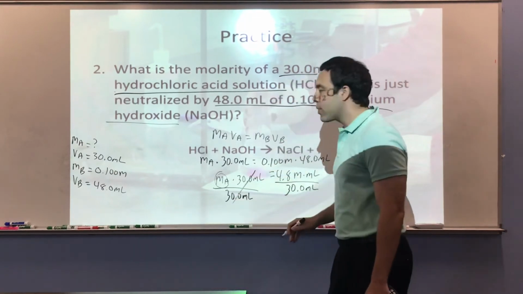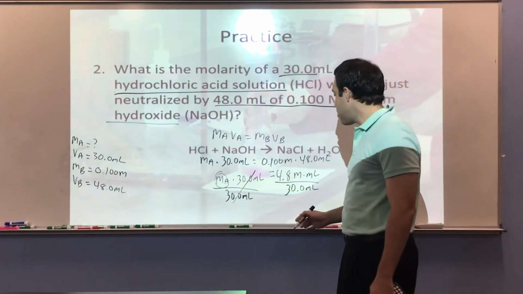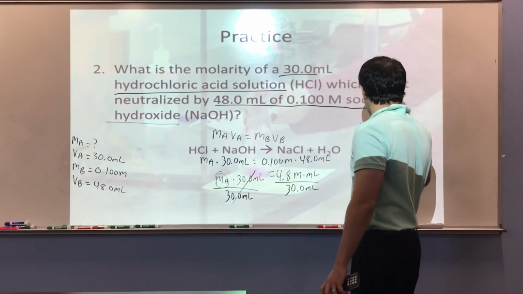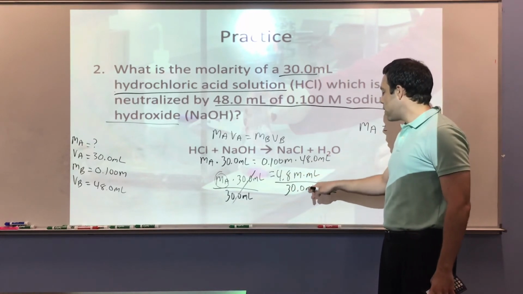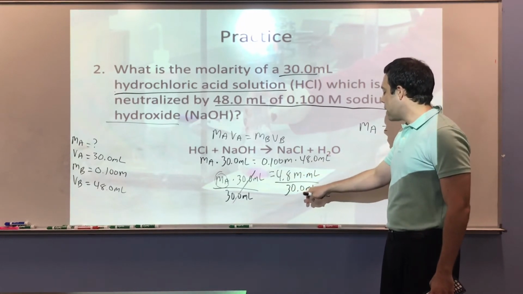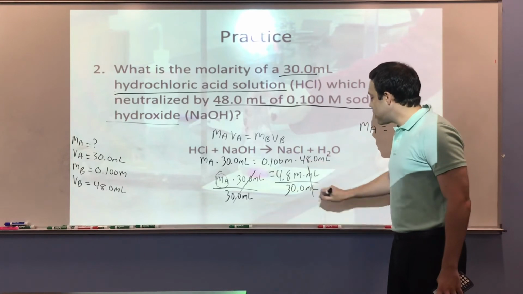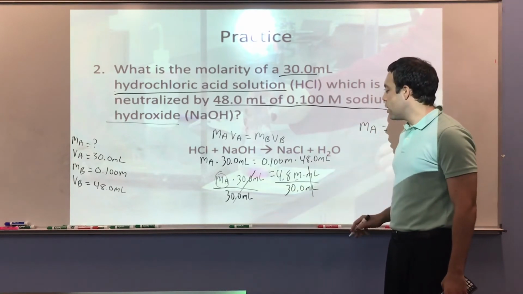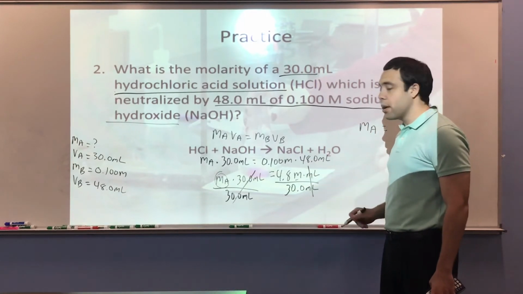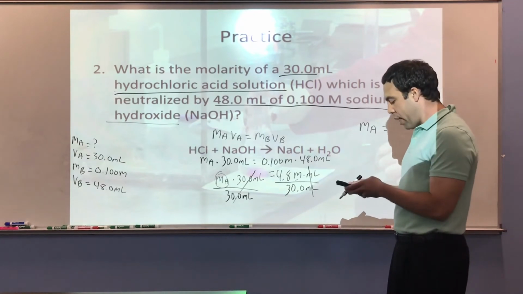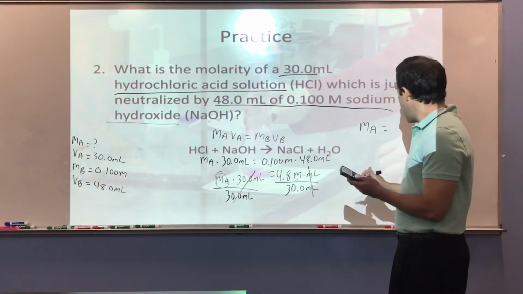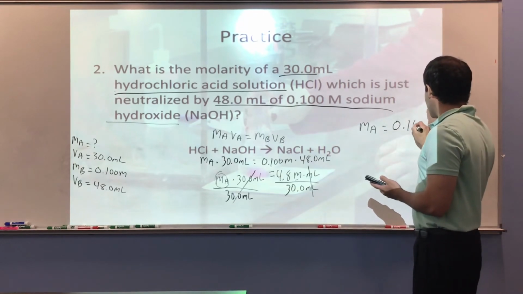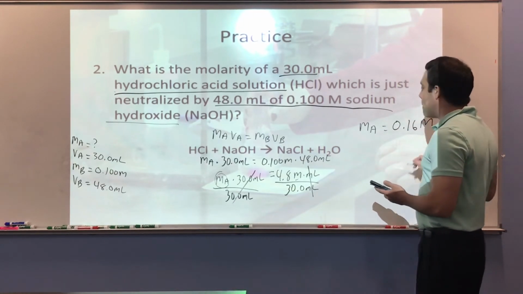This cancels out, the 30 milliliters and 30 milliliters cancel out. So we're left with MA is equal to 4.8 molar times milliliters over 30.0 milliliters. The milliliters and milliliters cancel out. We're left with the unit of molarity, molar. So we do 4.8 divided by 30.0, and we get 0.16 molar.